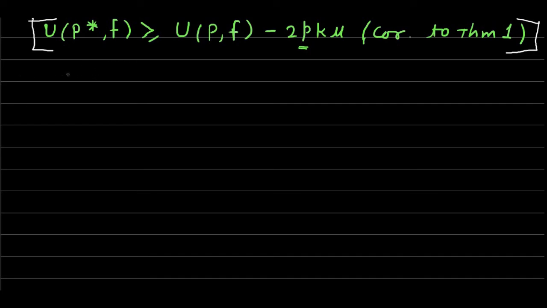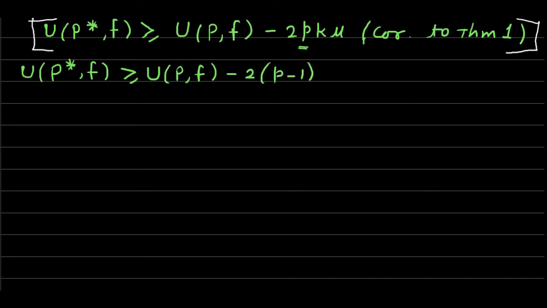So as told just now, if we use this corollary, then by this corollary the upper sum for the partition P star of the function f is greater than or equal to the upper sum over partition P for the function f minus 2 into P minus 1 into K mu. In place of P, we get P minus 1. Why it is so, I have explained just now.